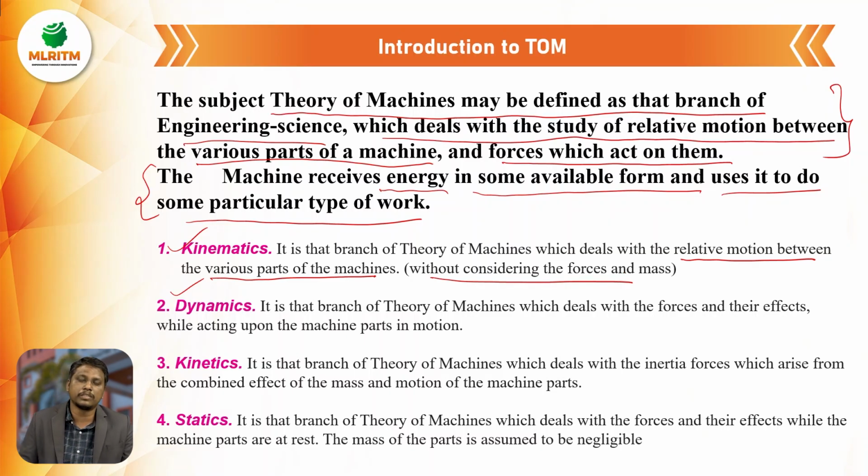Each and every machine or mechanism has a number of links or components. In that, we are going to find out only the motions, not their forces. Without considering the force, we are going to study the relative motion between the various parts of the machines. And the second one is dynamics. It is quite the opposite of kinematics.